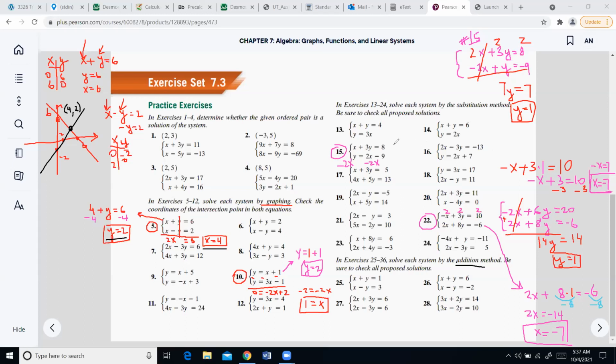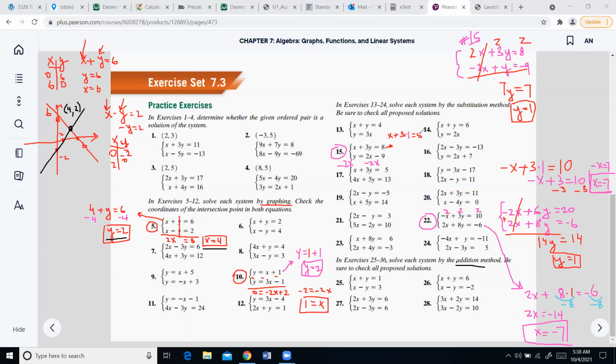And now I can take any of these equations, let's say the first one, and pull out the other unknown from it. So I'm gonna replace y with 1, right? So I'm gonna have x plus 3y. So I'm gonna put 3 times 1 is equal to 8.